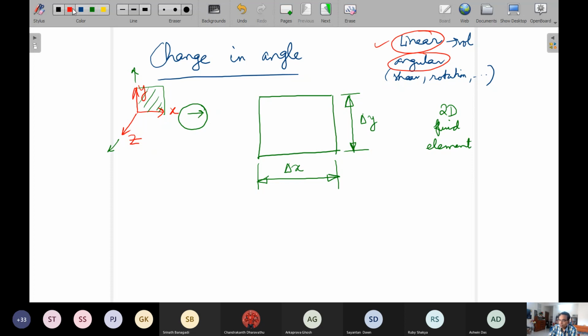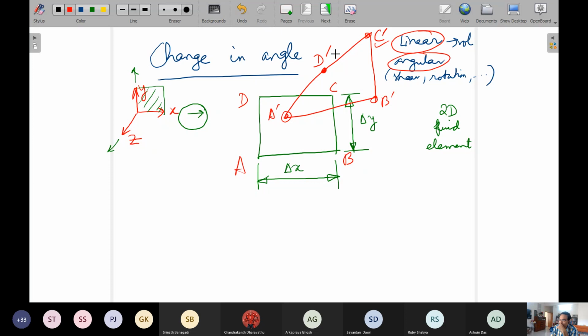Okay. So let us say that this was the original element. Now after some delta t, say arbitrarily, it has, I'm not really putting up any particular shape, just an arbitrary shape, say A, B, C, D. A has come to A dash, B has come to B dash, C has come to C dash, and D has come to D dash.